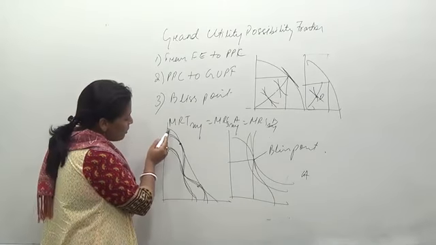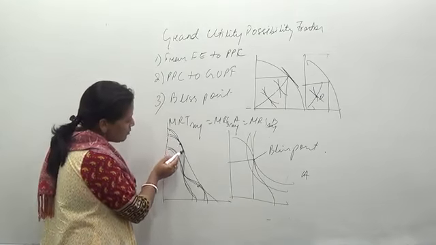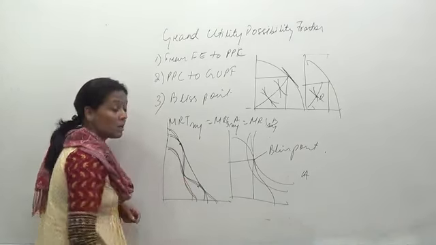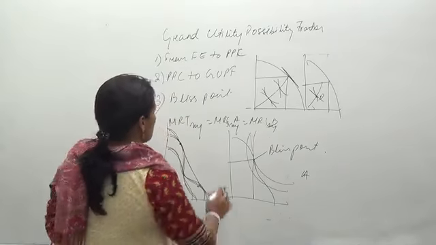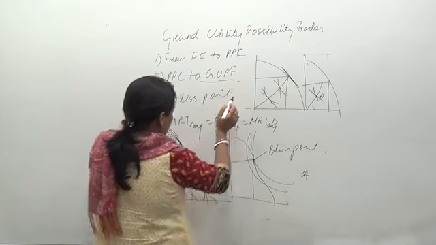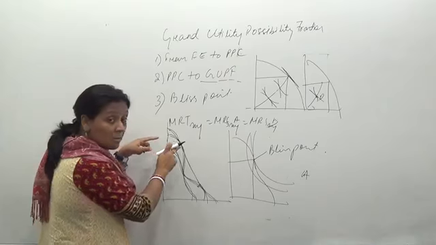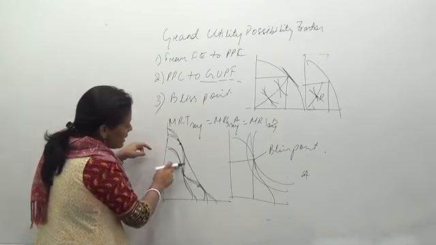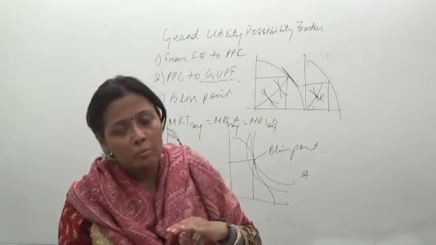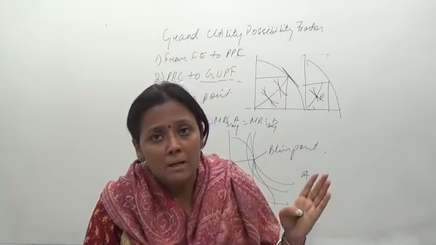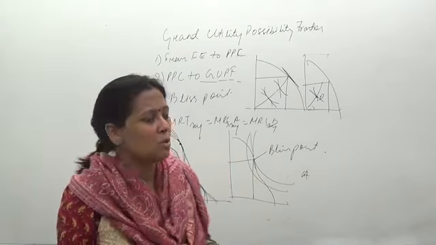When we join together the highest points of all the utility possibility frontiers, we get the grand utility possibility frontier. That is called the GUPF, the grand utility possibility frontier, obtained by joining together all the highest points of the individual utility possibility frontiers, which we have derived by combining the production function and the consumption function together.